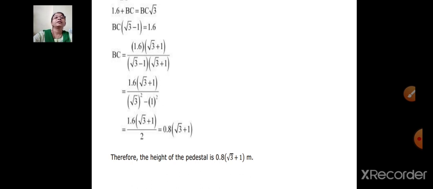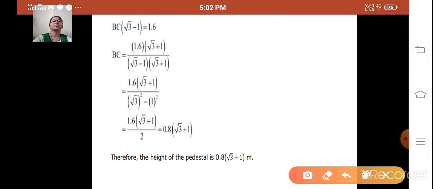So BC into bracket root 3 minus 1 is equal to 1.6, right? So now BC is equal to 1.6 upon root 3 minus 1.